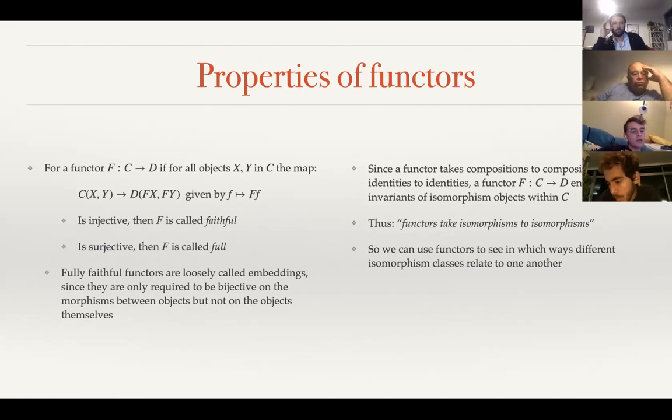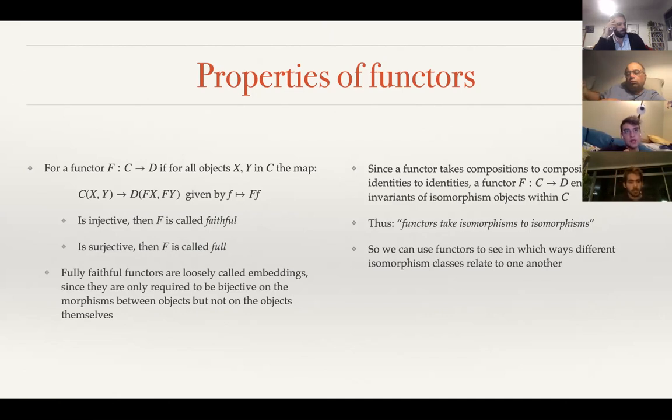So it's a way of embedding one category into another category, making objects equivalent, but keeping all of the morphisms. A fully faithful functor will keep every single morphism, and there won't be any overlap between them.